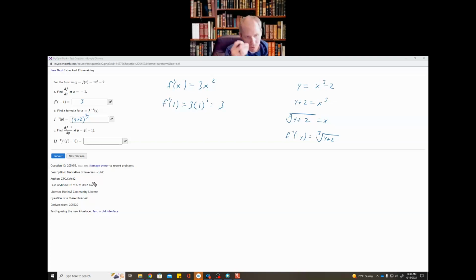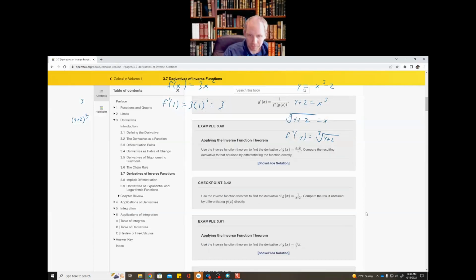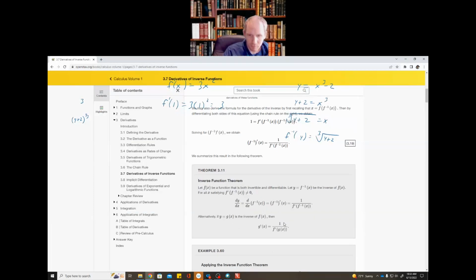Okay, so the idea here is two different ways of looking at this. If I look at the inverse function theorem, then the derivative of the inverse is 1 over f prime with the inverse plugged in.